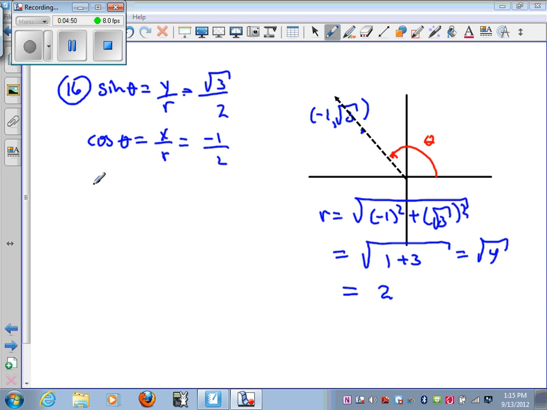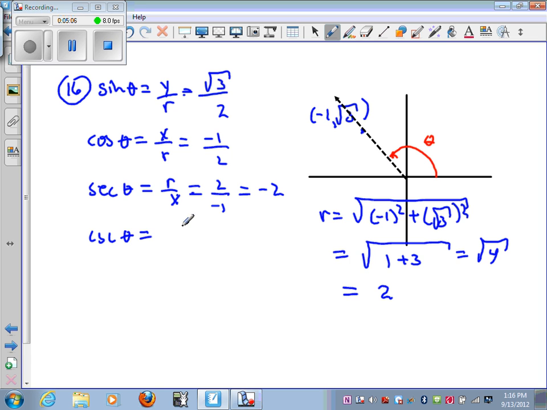And then secant is r over x, which is 2 over minus 1, and that simplifies to minus 2. Cosecant is r over y, and that's going to be 2 over the square root of 3.